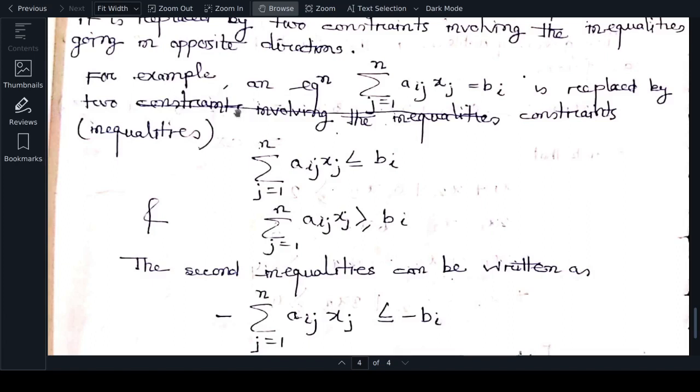Next class I shall discuss how to handle unrestricted variables when present, and how many will be present in the problem after the solution. For now, you will see the theory and try to solve the two questions I have given.